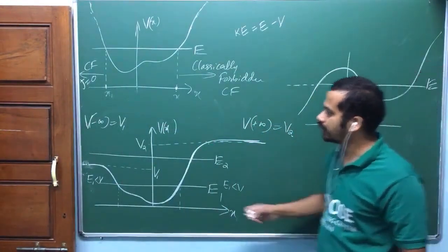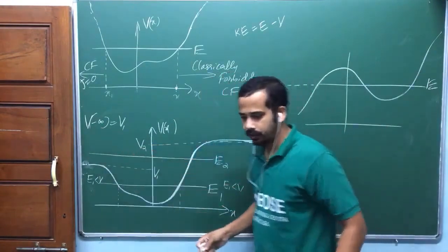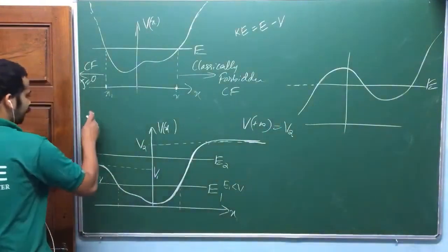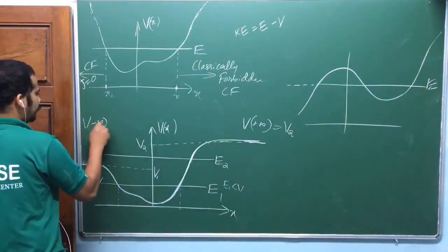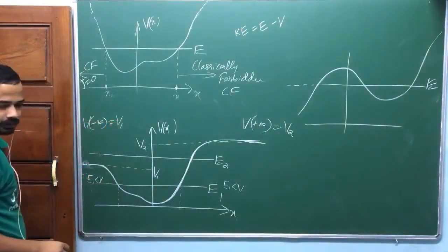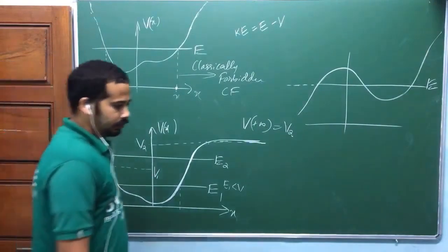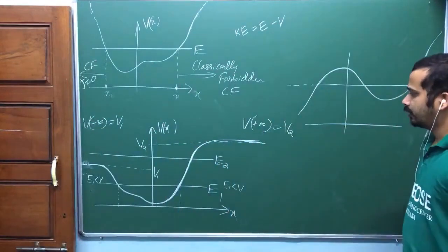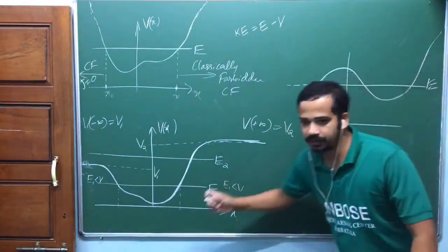V at minus infinity equal to V1. Or as x tends to minus infinity, V at minus infinity is equal to V1 only. Let me write like this. So find the difference between this one and this one.